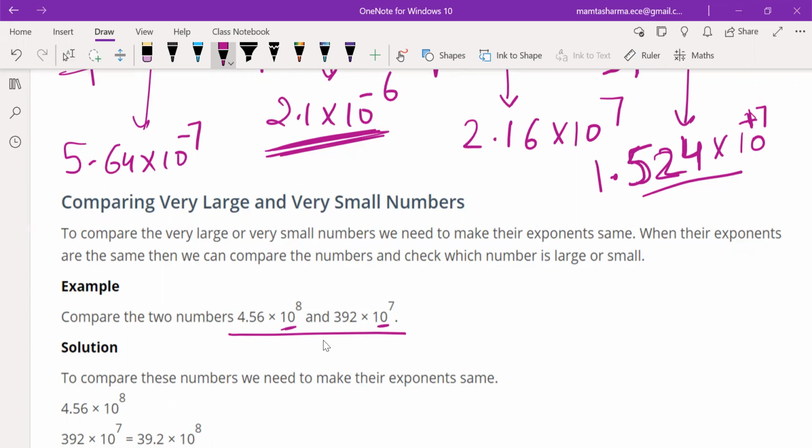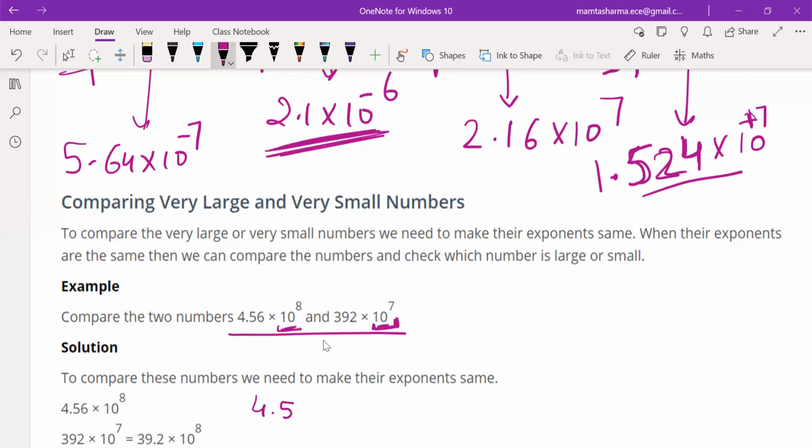So this is 10 to the power 8. Either you convert the 10 to the power 7 to 10 to the power 8, or you convert the 10 to the power 8 to 7, so that they are equal. The better way is to convert this into 10 to the power 8, but you can do both methods.